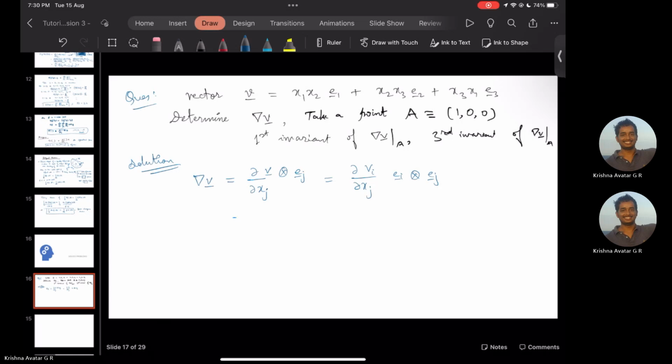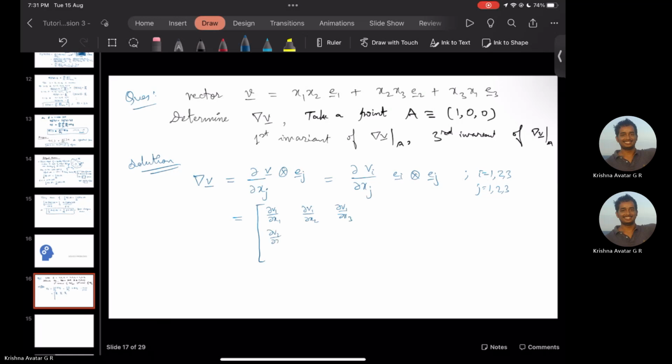And this we can write in matrix form, where i is equal to 1, 2, 3 and j is equal to 1, 2, 3. So this is how we can write it, right? This is partial v1 by partial x1, partial v1 by partial x2, partial v1 by partial x3.